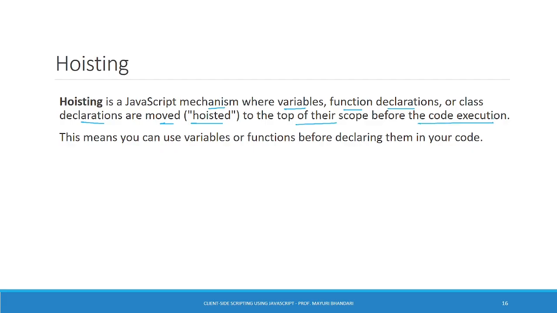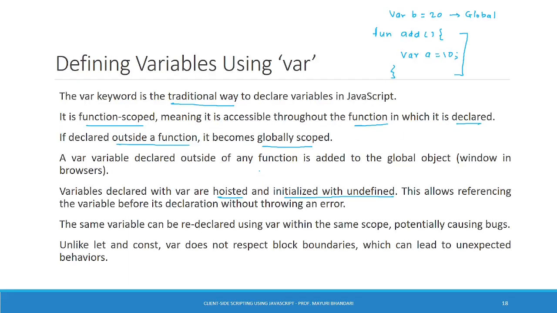So at the time of compilation or parsing of the code, the declarations of these variables and functions are moved to the top, so you can even use them before their definition. But if you try to use them before their definition, they will have a value like undefined. So if you are defining some variable using var and you are trying to use it before its definition, it will be initialized with undefined.